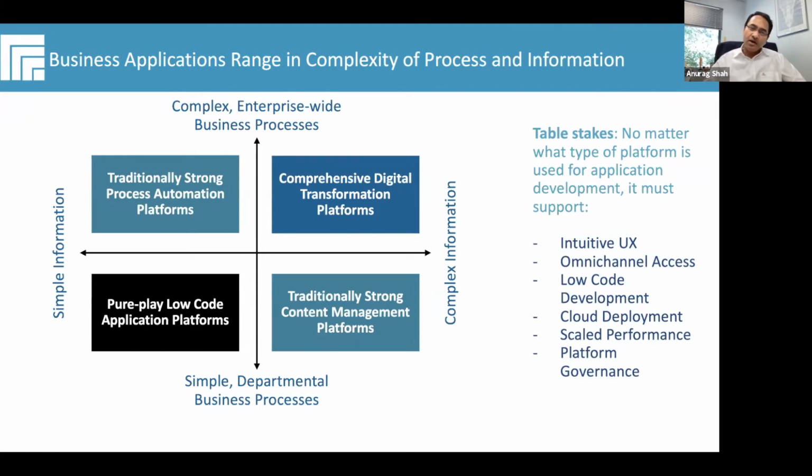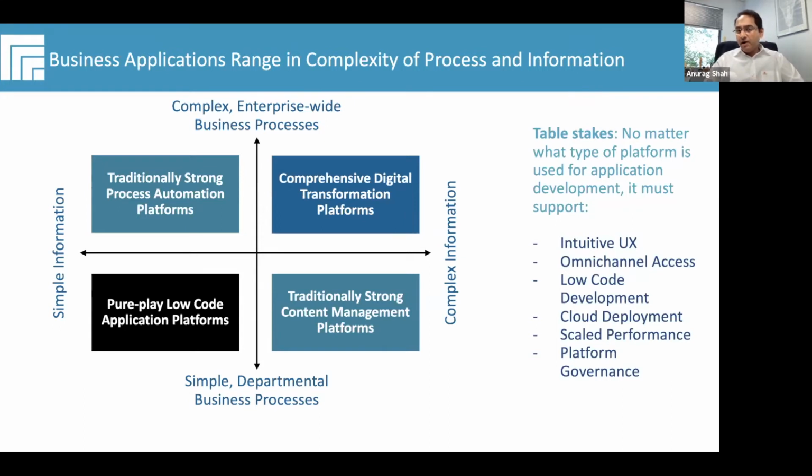If you start from the lower left quadrant, for processing simple information, simple departmental business processes, there are platforms which are almost like pure play, low-code application development platforms. But when you include certain content into that, if there are documents, emails, and content which participate in those processes, it tends to make the information a little bit complex, and that's where you move to the lower right quadrant, where there are traditionally strong content management platforms which serve those needs.